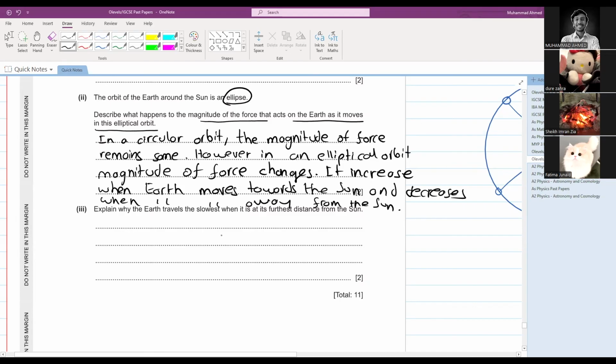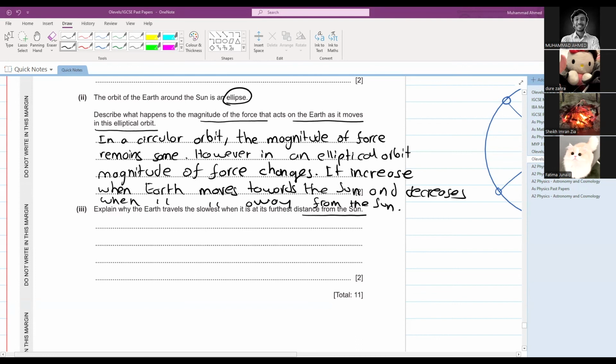Simple. Explain why the earth travels the slowest when it is the furthest distance from the sun. This is a very easy question. Why does the earth travel the slowest when it is the furthest away from the sun?